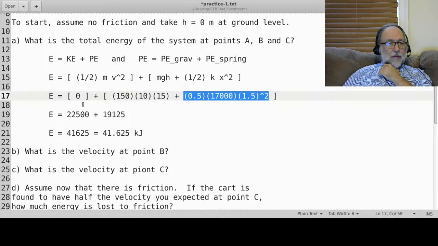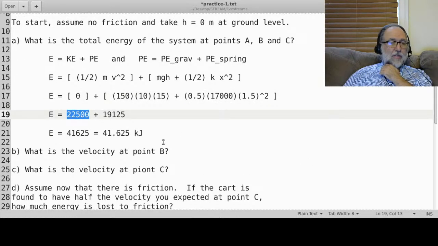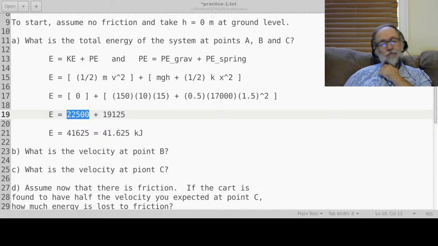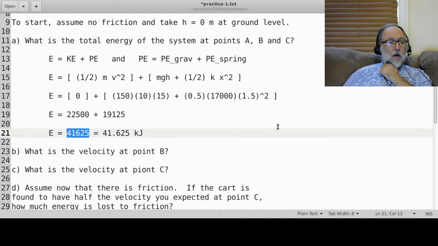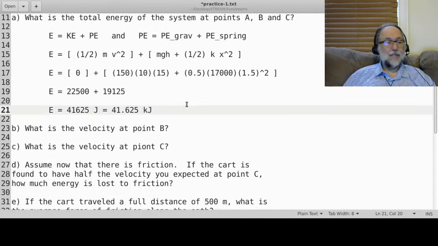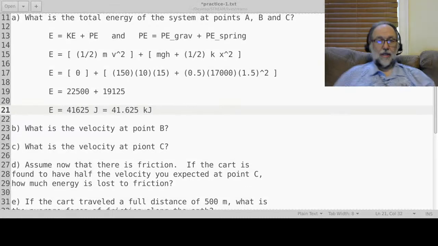And I worked out both of them independently. There's the potential energy due to gravity, and there's the potential energy due to the spring, for a total of 41,625 joules. And on a test, or in the assignment if you haven't done it yet, don't be surprised to see 41.6 kilojoules there. In other words, converted to kilojoules.